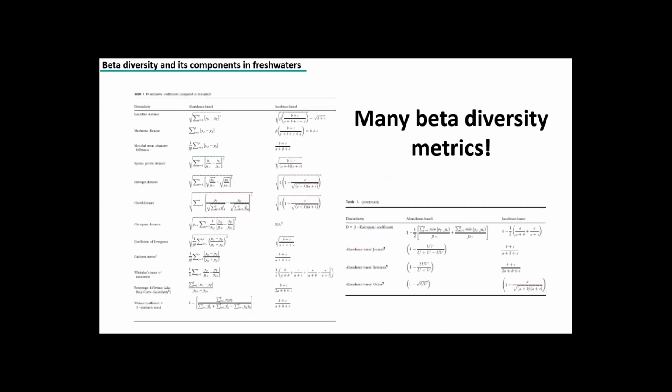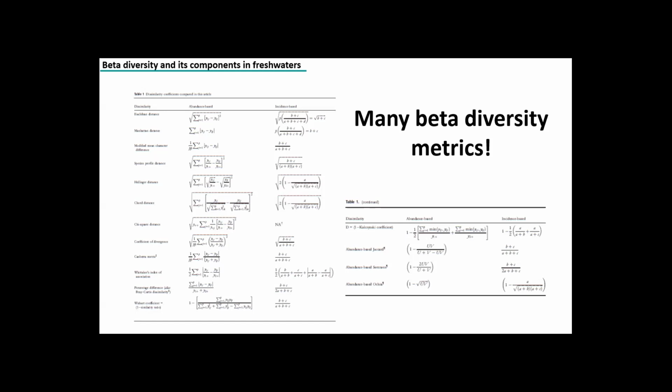Well, Jaccard and Sorensen are some of the most common examples of dissimilarity metrics, a way to measure beta diversity. But today we have many metrics. And which metric to use will depend on the type of your data, if it's presence and absence or abundance.